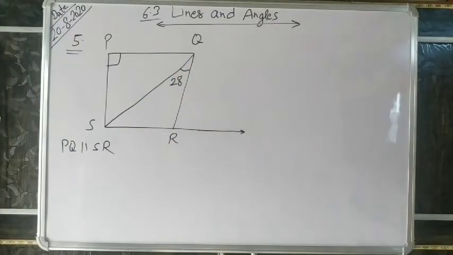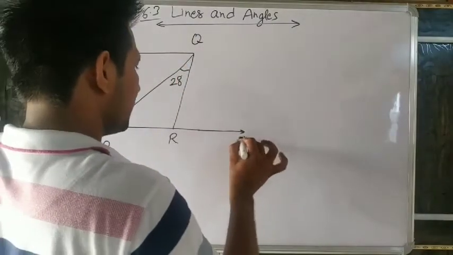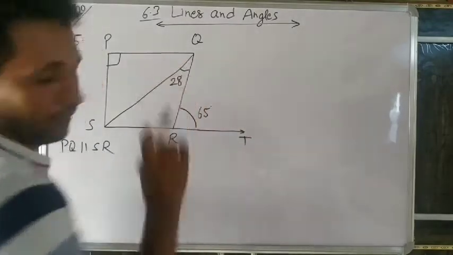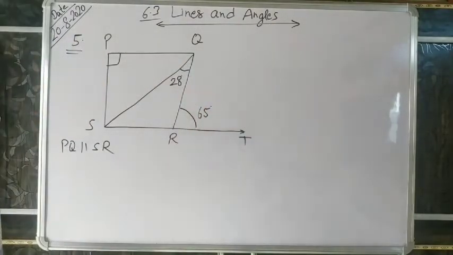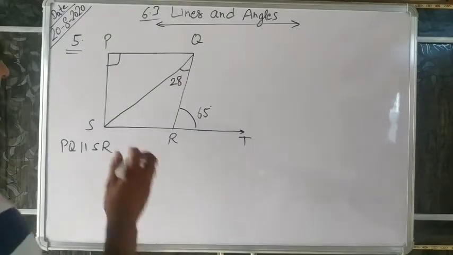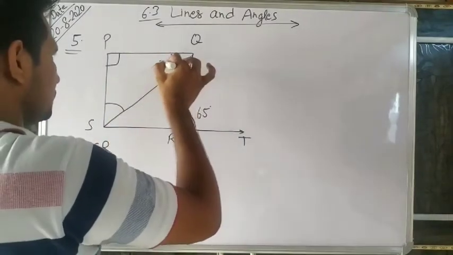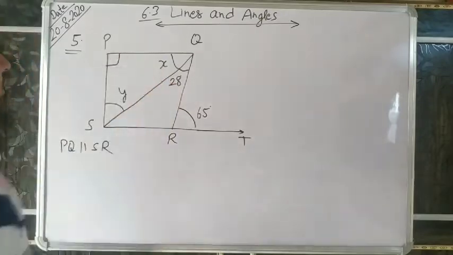And then QRT is the exterior angle of this triangle. It is 65 degrees. And we have to find the value of X and Y. This is X, and this is Y.